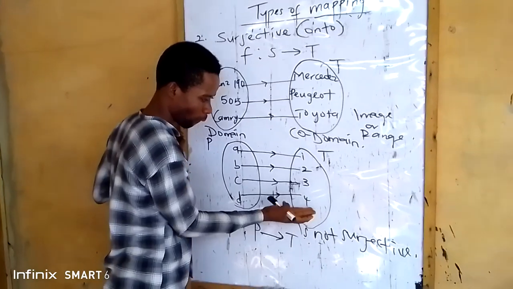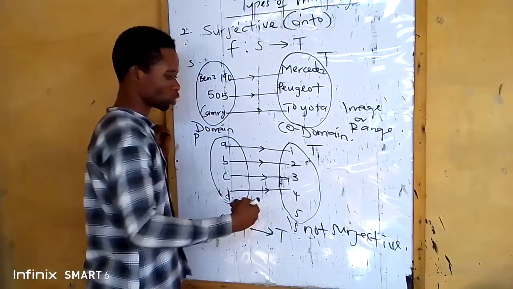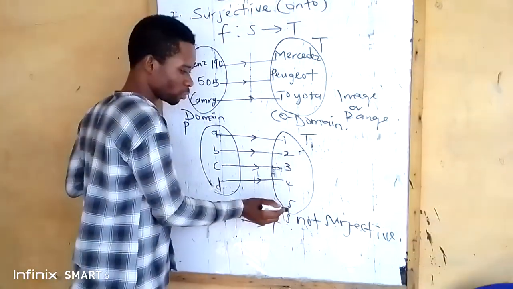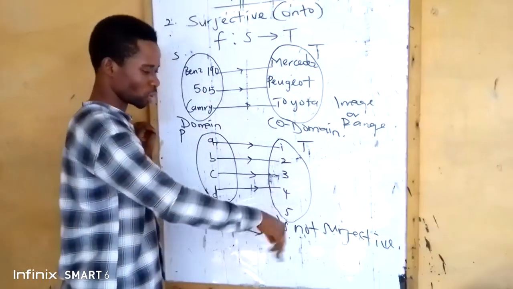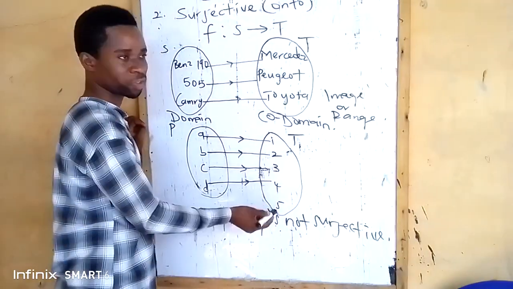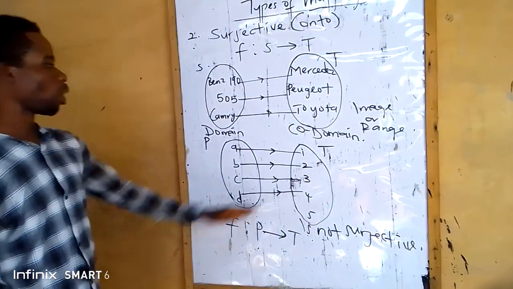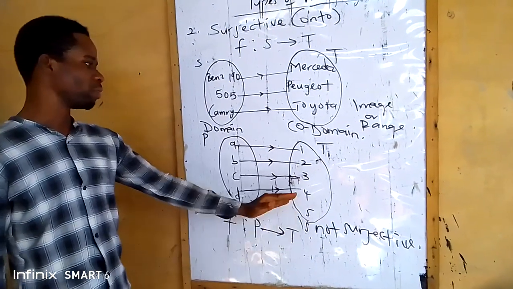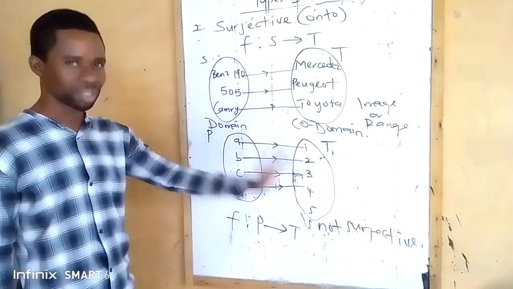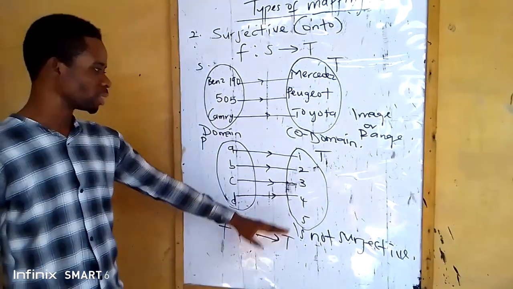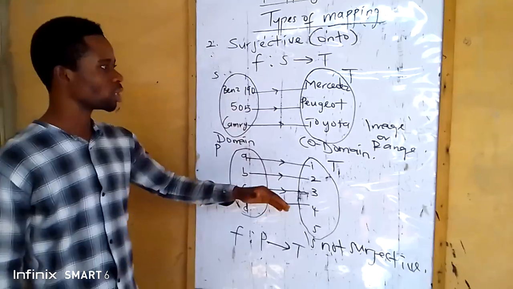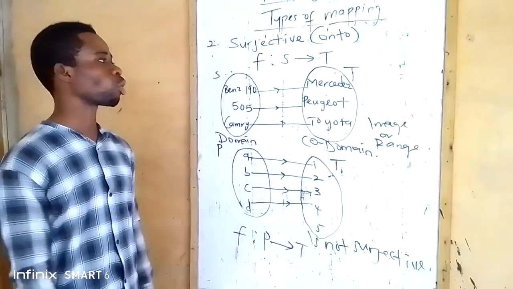Assuming you stop at 4, you can call it surjective. But because of this 5, the codomain now goes from 1 to 5, so it's no more surjective. Before you can call it surjective, all of the codomain elements must be image, or you can call it range. That's why you can call it surjective.